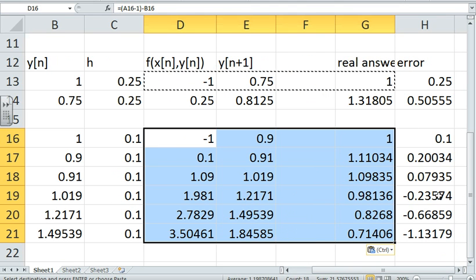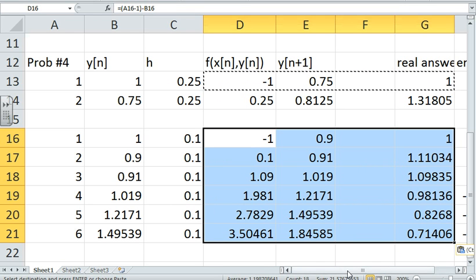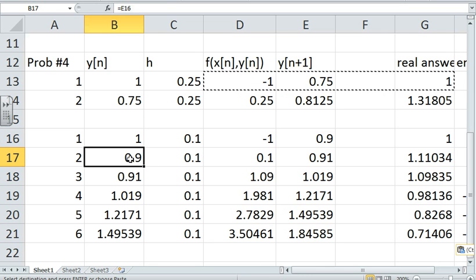Okay. Wow, that's a whole lot different. 0.1, 0.9, 0.91. So these guys are not right.